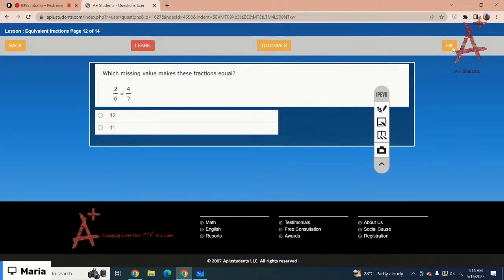Which missing value makes this fraction equal? Yes, that would be 4 over 12.